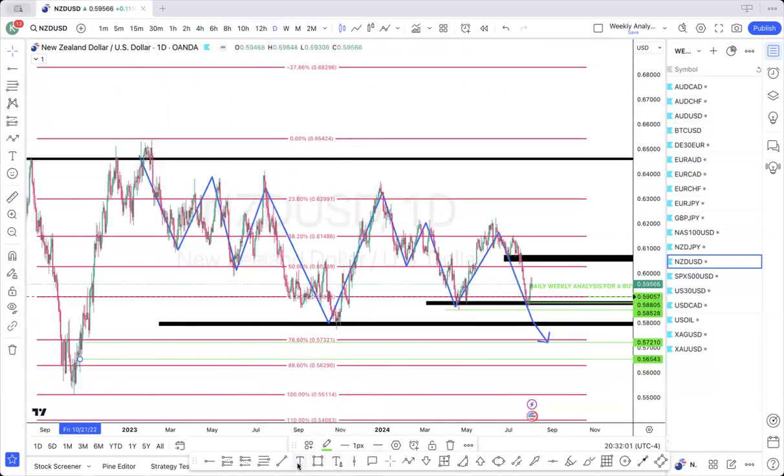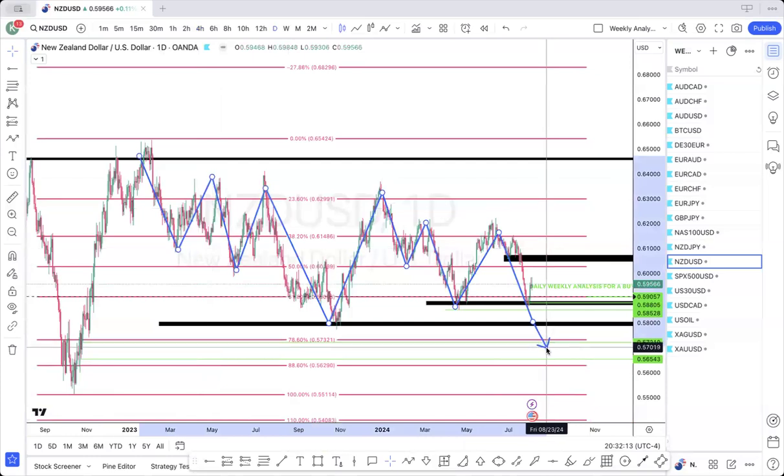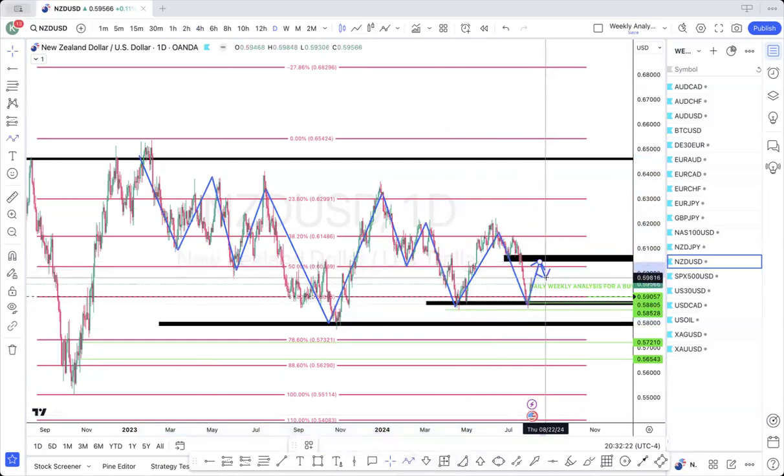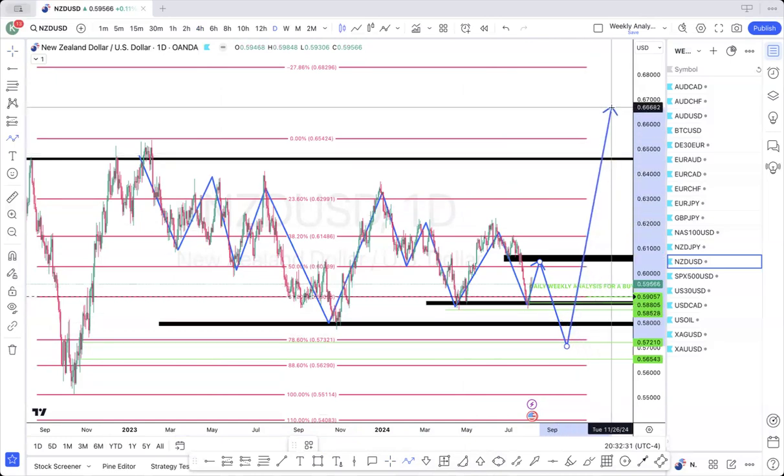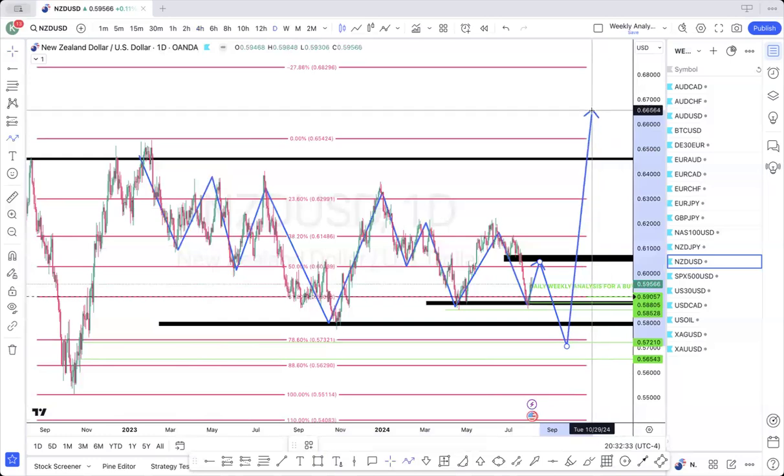And then we look at market structure. We went here, here, here, here, here. Price did not break above here and then started breaking below here. So my guess is that price is going to push back up to here and then likely start selling back down to here. And I'm just going to put it at the 78 before it starts to push back up.